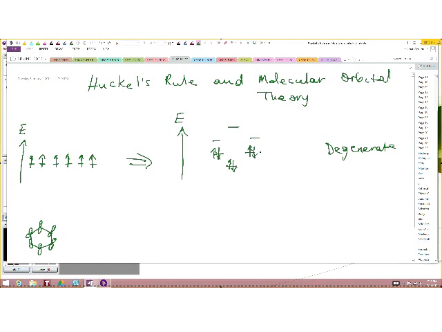In the case of benzene, these 3 orbitals become what we call the bonding orbitals. And the ones that have no electrons, we say anti-bonding orbitals.